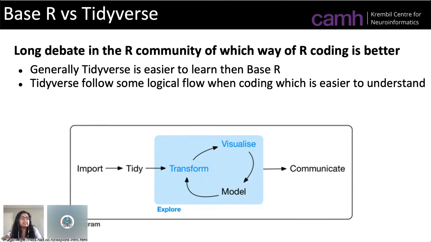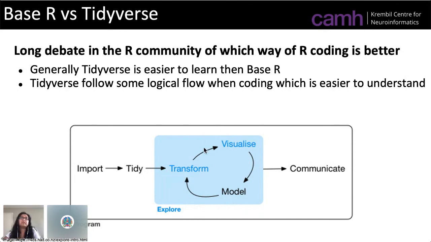In the beginning of this figure, the starting point is importing the data. The next point is to tidy up the data, or format it in a way that will help with your analysis. In terms of formatting, we transform the data, and that's where we manipulate it, such as selecting variables, filtering or reordering it to help you in your model.